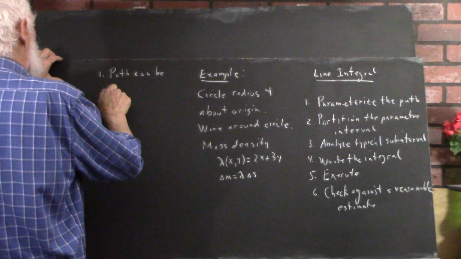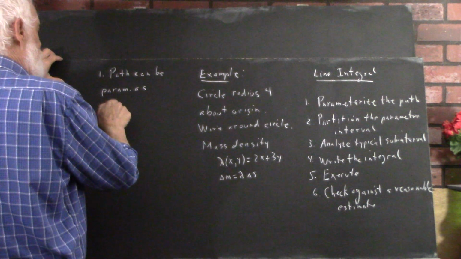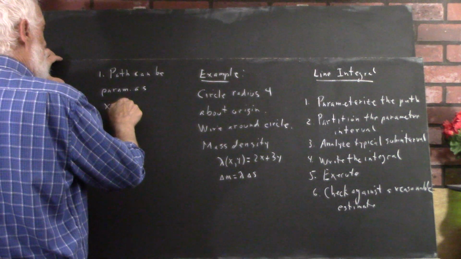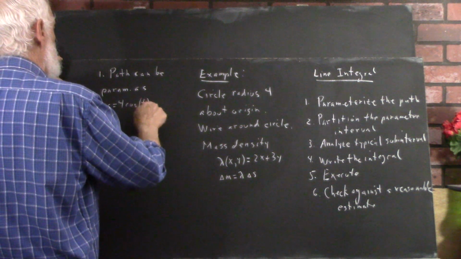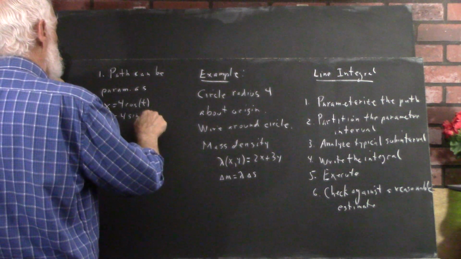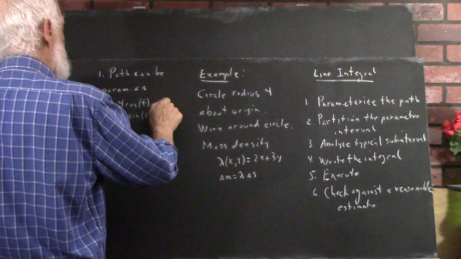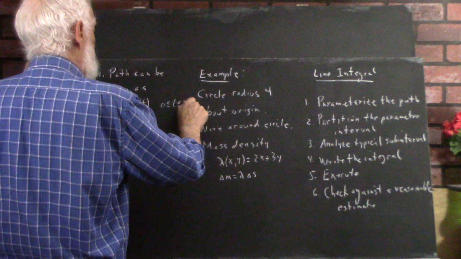The path can be parameterized as x equals 4 cosine of t, y equals 4 sine of t, 0 less than or equal to t, less than or equal to 2 pi.